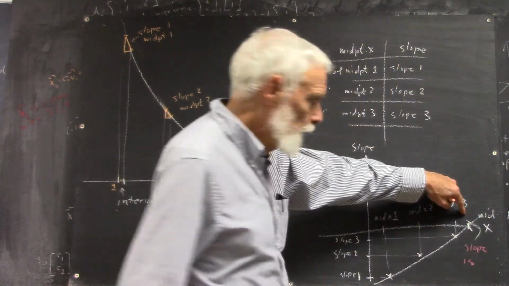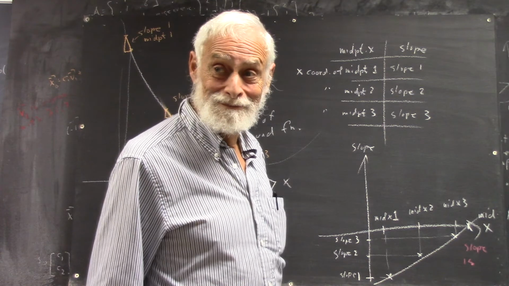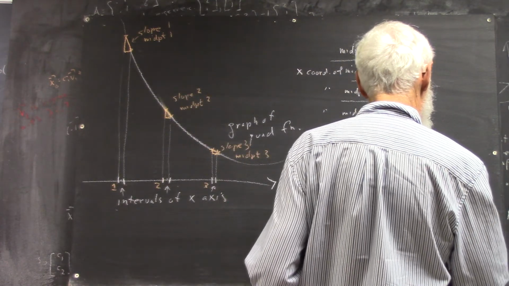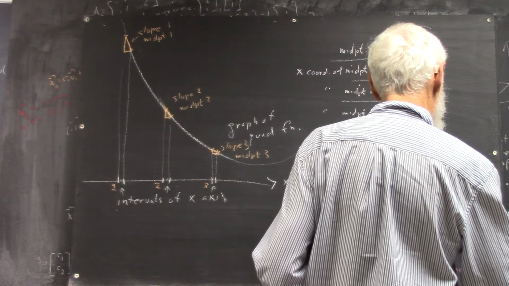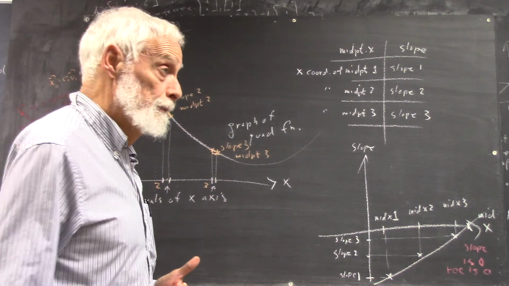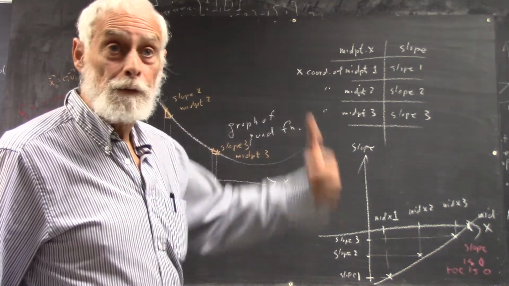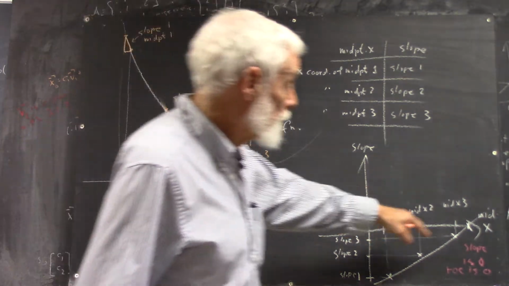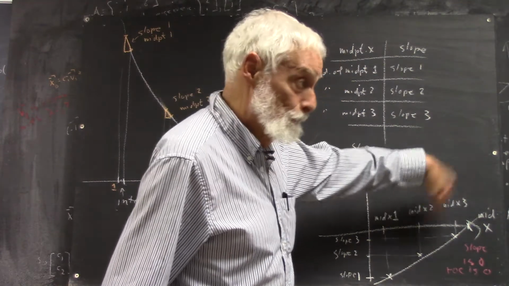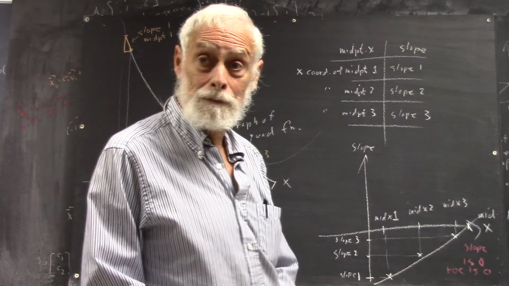At this point, what's the value of the slope? Give you a hint. Slope's on this axis. It's 0, right? Slope is 0. So the rate of change is 0. That's the rate of change of depth with respect to clock time. Which means what's happened? Means water's not flowing out anymore. At that instant, up to this instant, it's flowing out. If this is accurate, okay? After that instant, it's not flowing out.